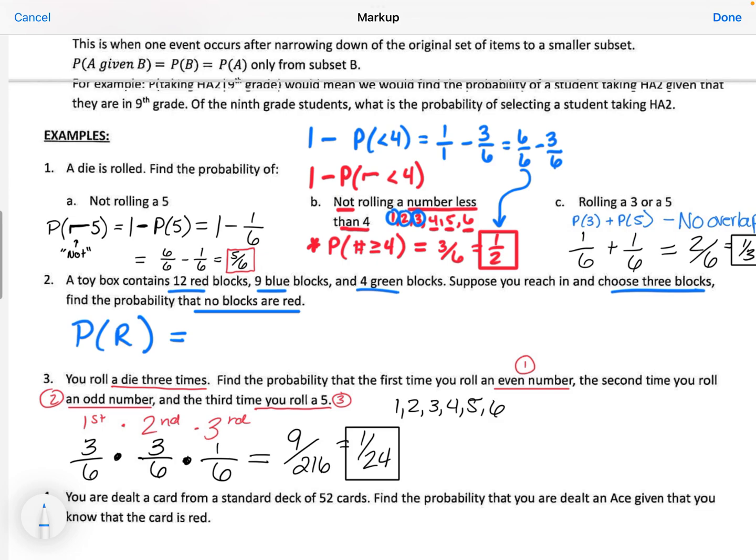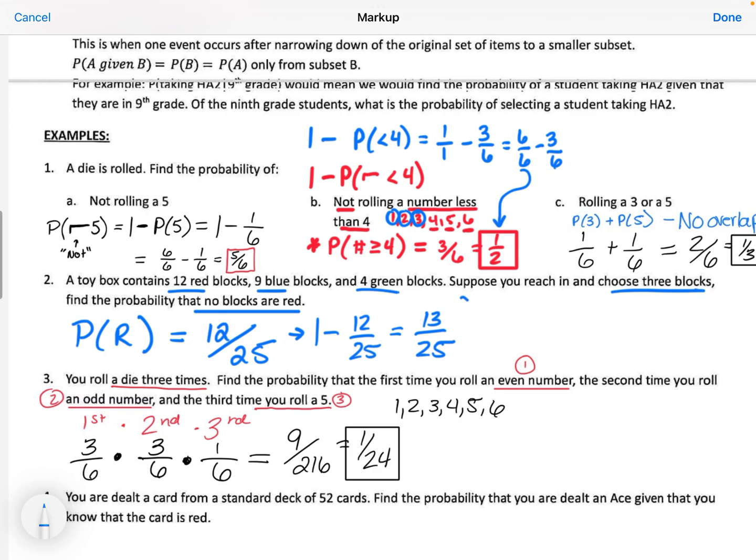There are 12 red blocks out of a total of 25. So then, probability of not red is 1 minus that. That gives me 13 out of 25. So the probability of not red is 13 out of 25.